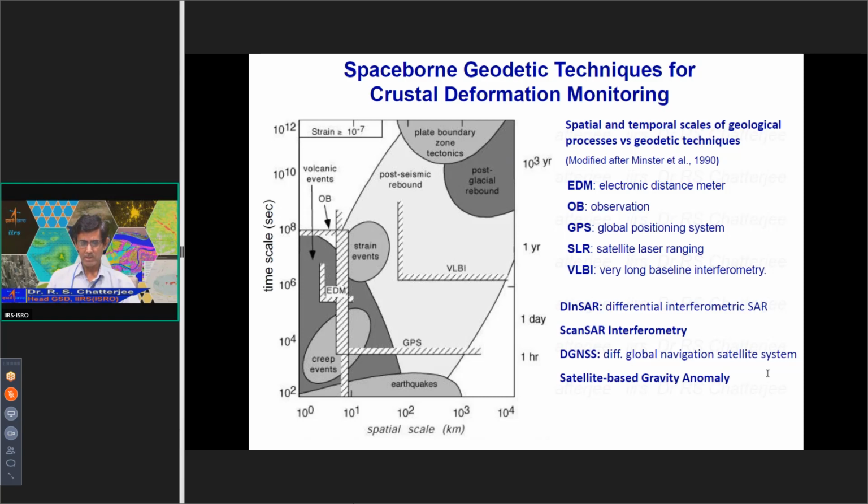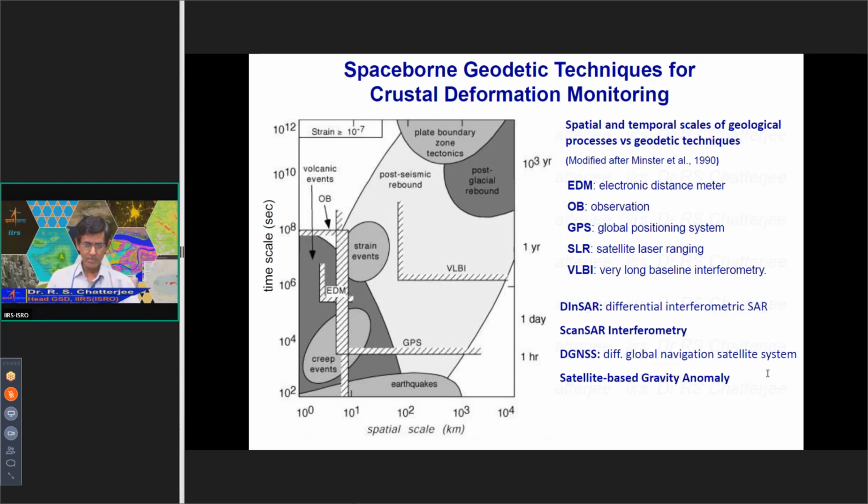For example, EDM, the electronic distance meter, GPS, SLR, satellite laser ranging, and very long baseline interferometry. You can see, for example, GPS can be applicable for a spatial scale of a few tens of kilometers to hundreds of kilometers to even thousands of kilometers in terms of spatial extent or coverage.